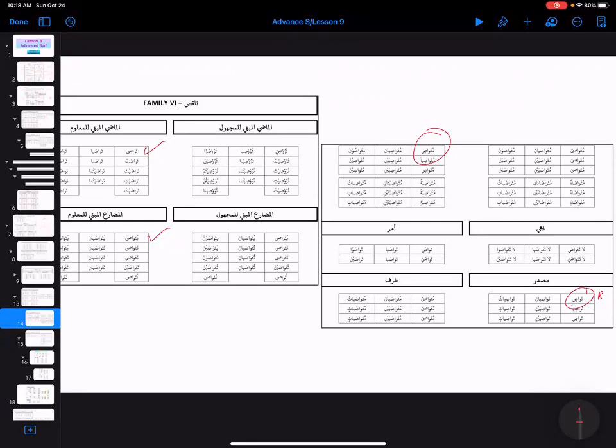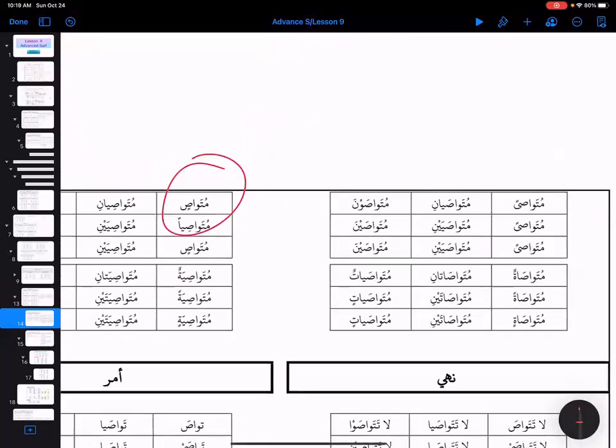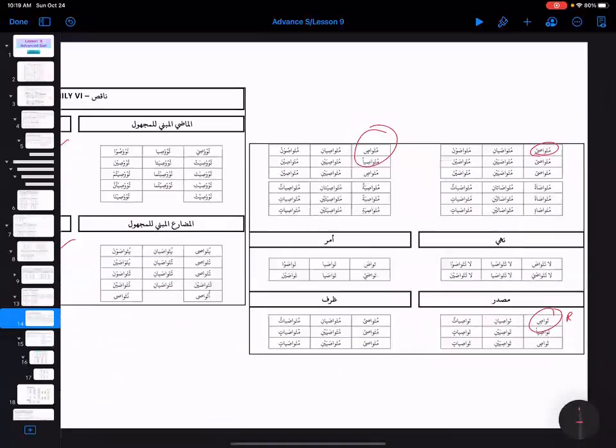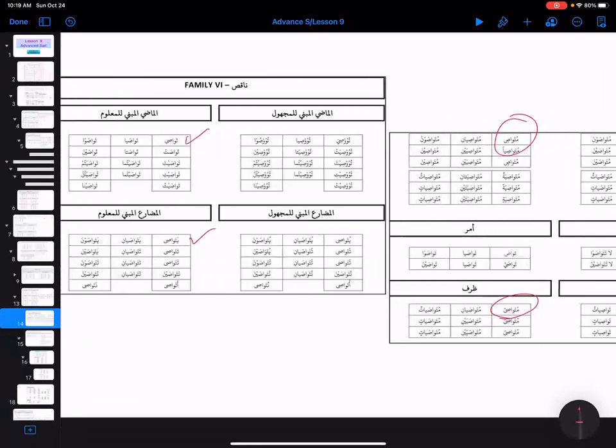Then ism maf'ul, mutawasan, same. Then amr is tawasa, la tatawasa. The zarf is mutawasan.